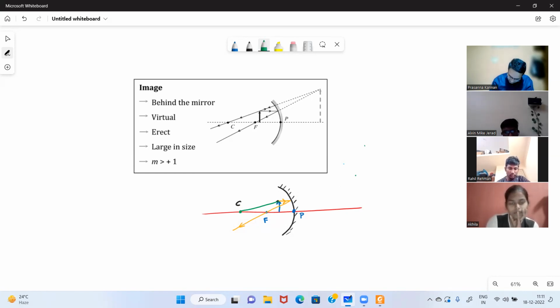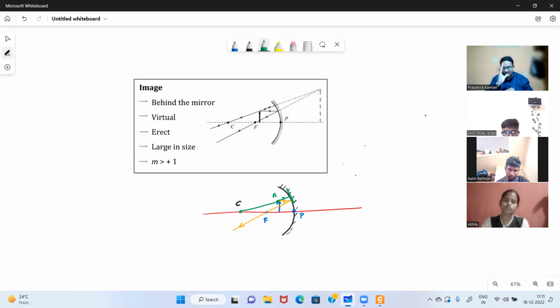Now, if a ray of light from the object, let's say this point is A, goes and hits the mirror, then this is called normal incidence, because if you draw a tangent at this point, the normal will always pass through the center of curvature. In a circle, the radius and the tangent are perpendicular to each other, correct?